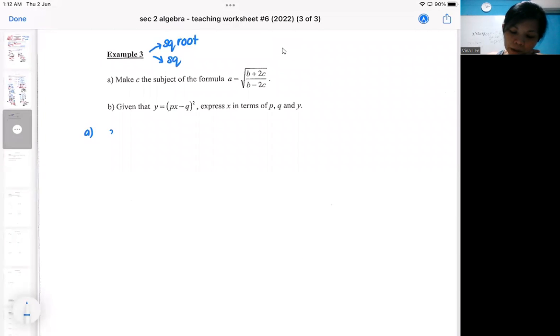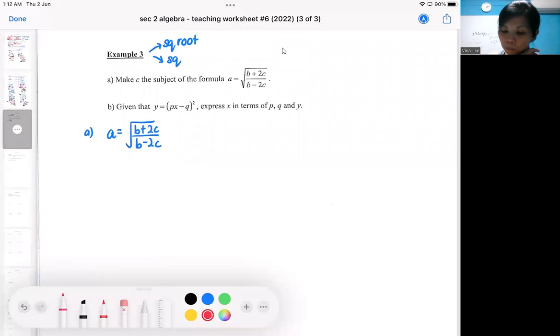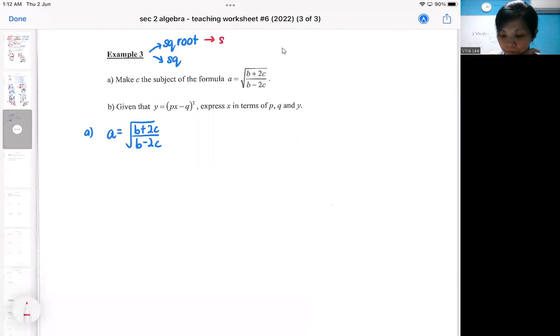What do I mean by the opposite of each other? For example, if you look at part A, you've got a huge square root. What is the technique to remove the square root? The technique to remove the square root is to square both sides. So you are squaring both sides.